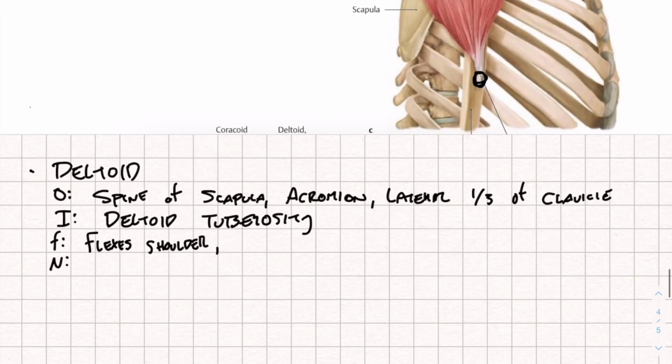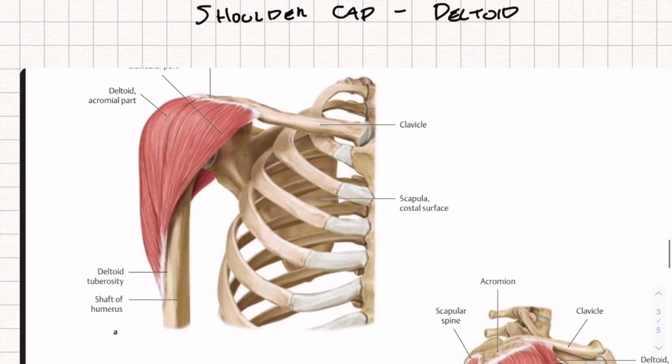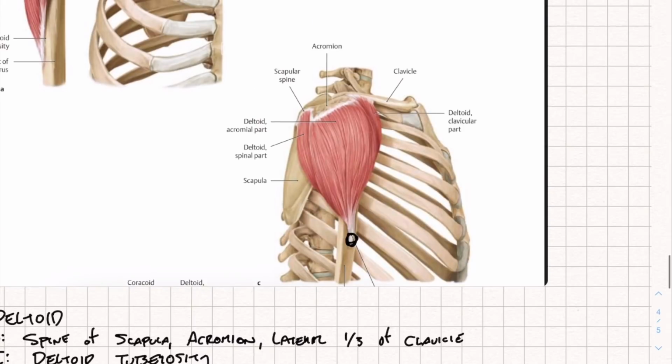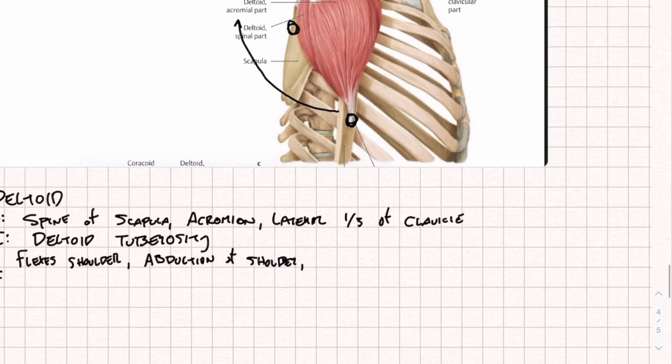It also does abduction of shoulder, which if we use this picture, that's going to mean the humerus goes out like that from the body. So like if you're making a T shape with your arms. And then the last one, since it's also in this posterior area, it's going to take the humerus and do it back this way, which is called extension.